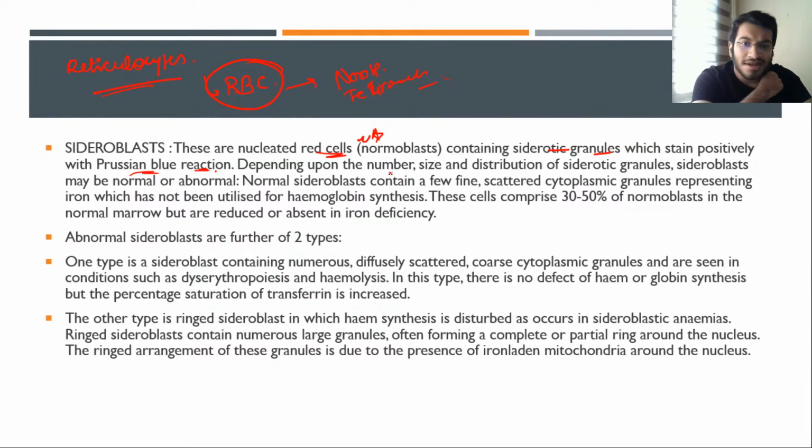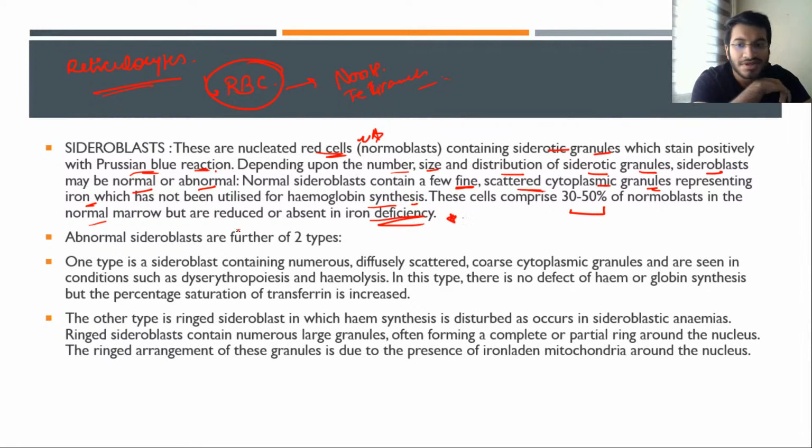Depending upon the number, size and distribution of the siderotic granules, sideroblasts may be normal or abnormal. Normal sideroblasts contain a few fine scattered cytoplasmic granules representing iron which has not been utilized for hemoglobin synthesis. These cells comprise 30 to 50% of the normoblasts in the normal marrow but are reduced or absent in iron deficiency.